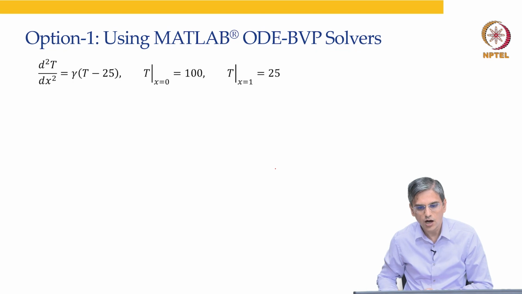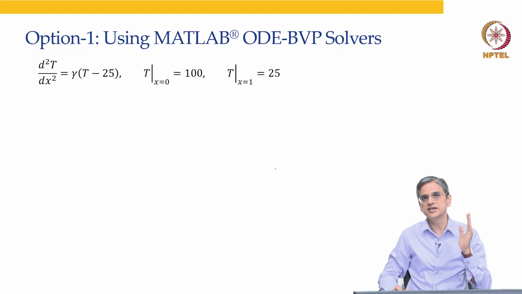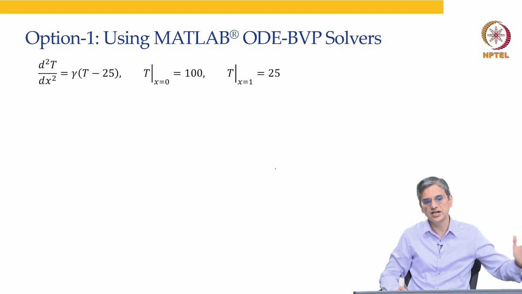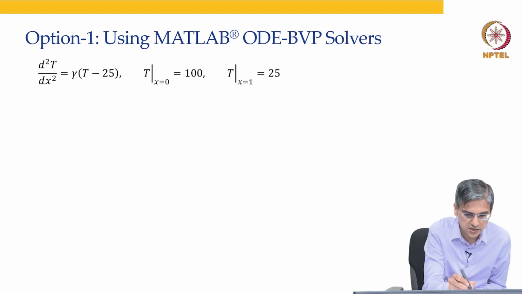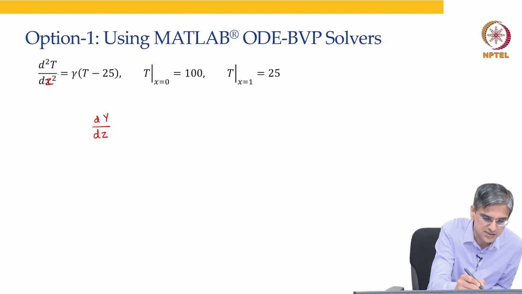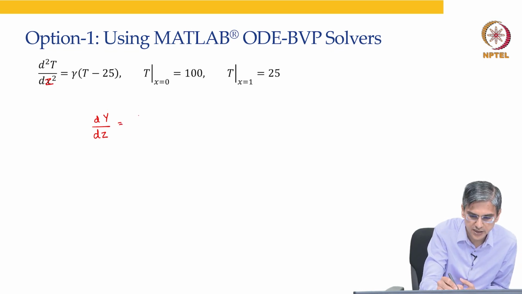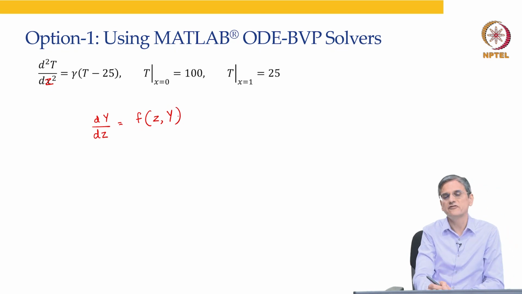Now, how are the MATLAB boundary value problem solvers laid out? The first part is the domain equations. It is laid out exactly the way we had done it in weeks 7 and 8. That means we have to express the overall domain equation in the form of dY by dz equal to some function f of z comma y.